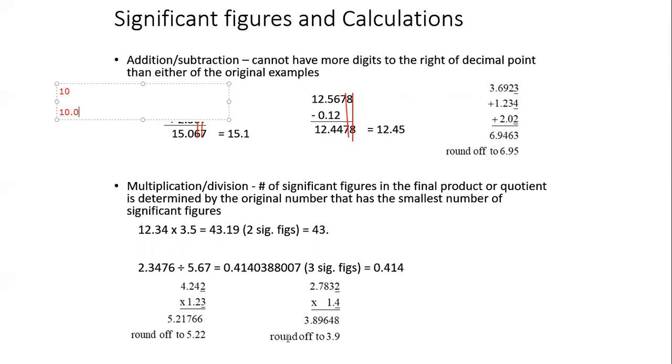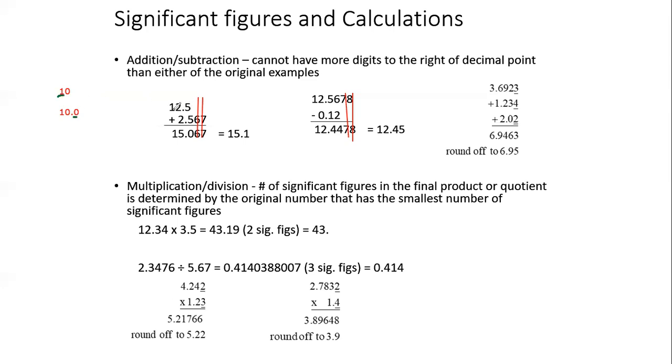So the 1 would be the only significant decimal place. But if I write 10.0, now the tenths place is the lowest significant decimal place. So that's what we're talking about: is there a decimal point? How many decimal places are significant? If I just wrote 10 with no decimal point, that would be one significant decimal place, which would be the tens. If I write 10.0, now it becomes the tenths.